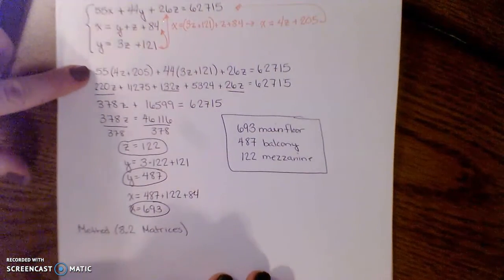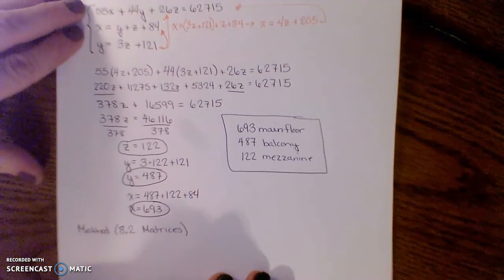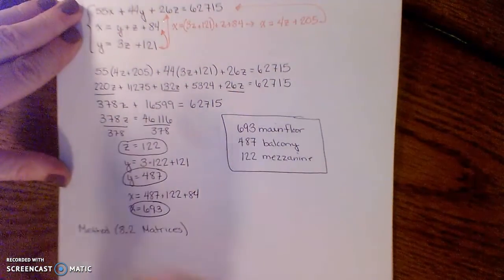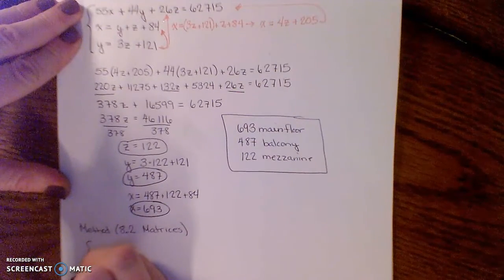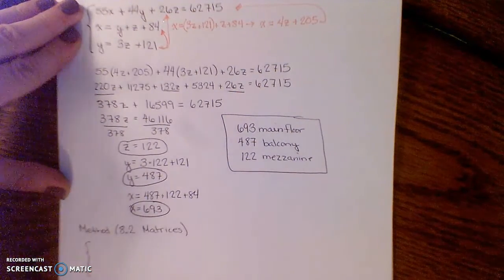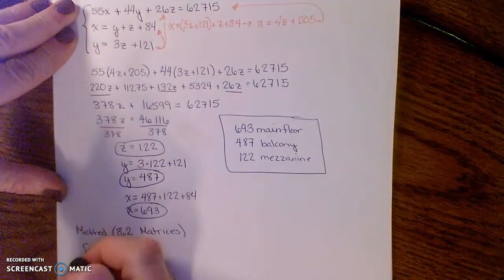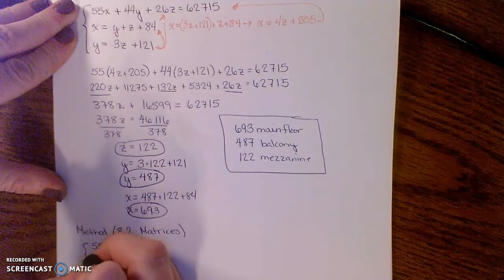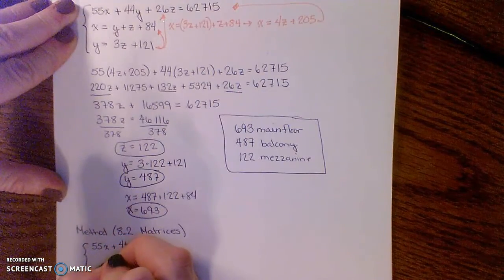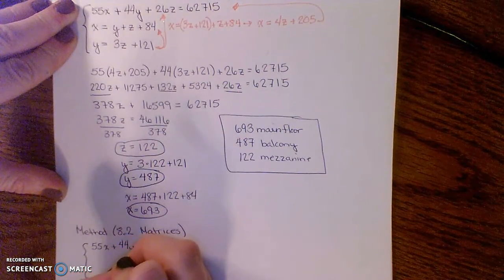I would actually just take this system and write each equation in standard form. So all the x, y, and z on the left and the number on the right hand side of the equal sign. So the first equation is already in standard form.